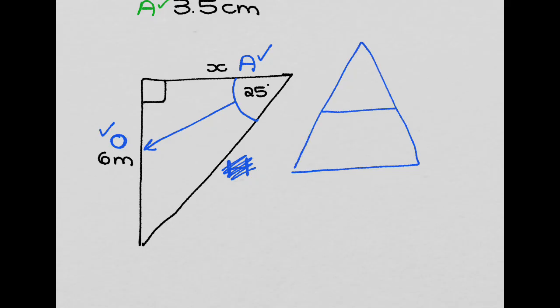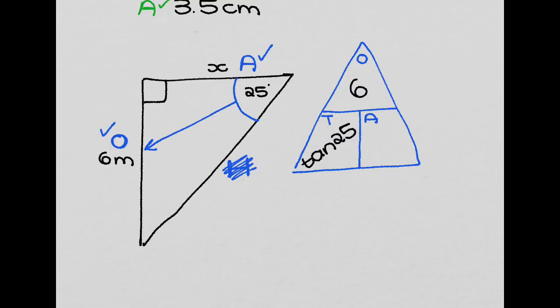So I draw my trig triangle, and I'm reminding myself that it's TOA, and now I'm going to fill in all the bits. So in the bottom left-hand corner, I'm going to write tan of the acute angle. Next, what is my opposite value? My opposite value was 6. So over here, I'm going to write 6. What was my adjacent value? My adjacent value was x.